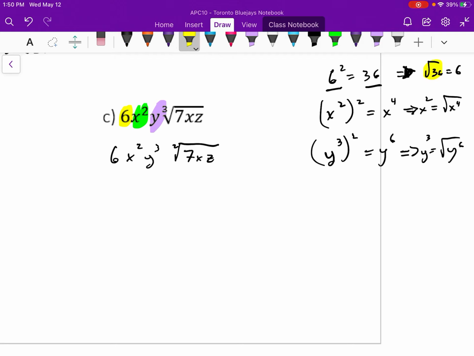So instead of writing 6, I could write the square root of 36. Instead of writing x squared, I could write the square root of x to the power of 4. And instead of writing y cubed, I could write the square root of y to the power of 6. Well, all right, let's do that.